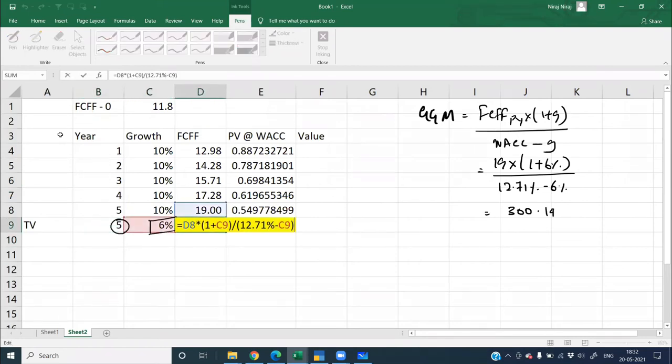When you are calculating terminal value, you see here, in the denominator you have already discounted it once by 12.71. So instead of doing it 2 times, that's why you will discount it by N minus 1. That is a thumb rule that you have to always remember.